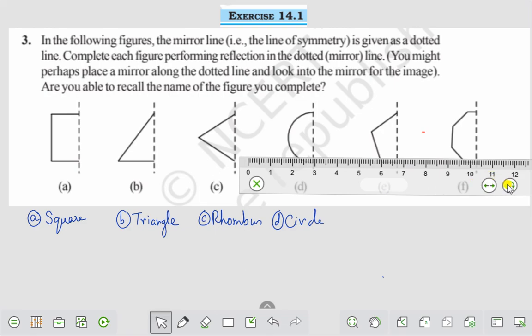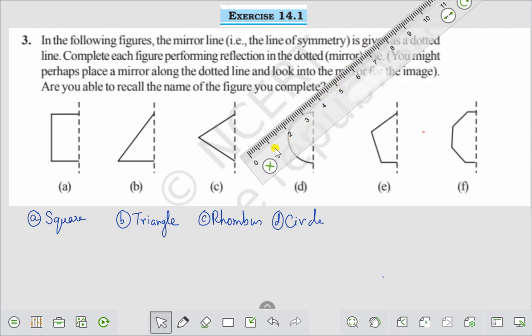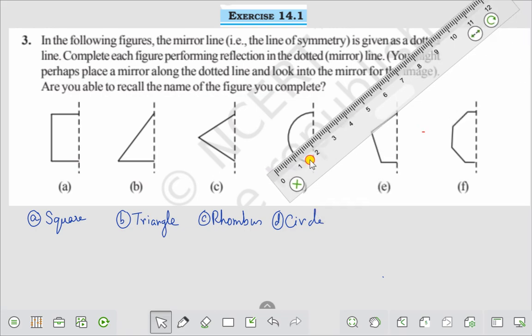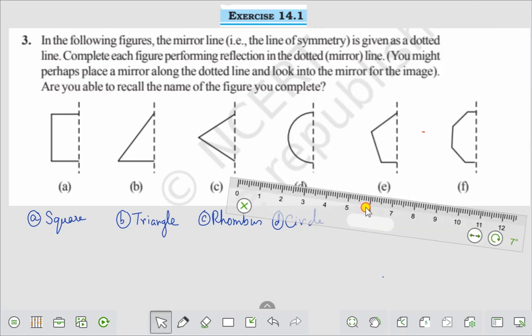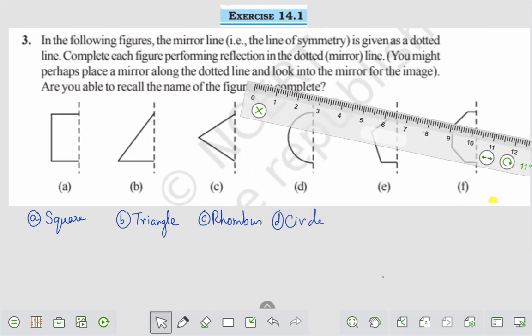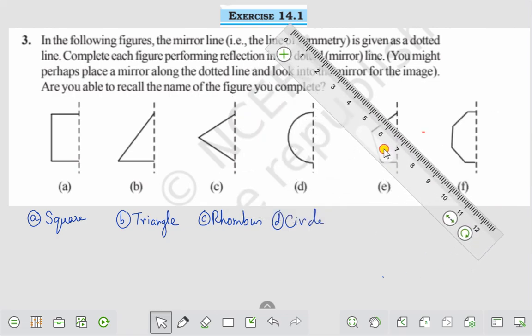We have taken one point and join the points. Join this point.